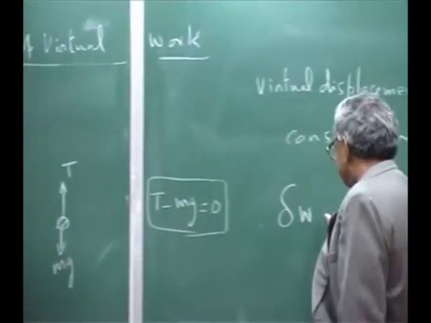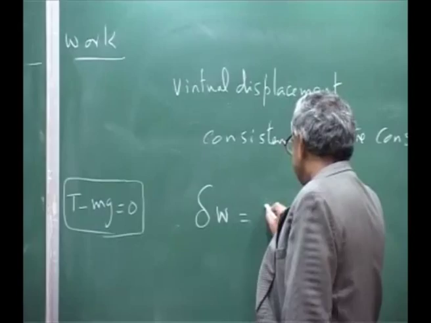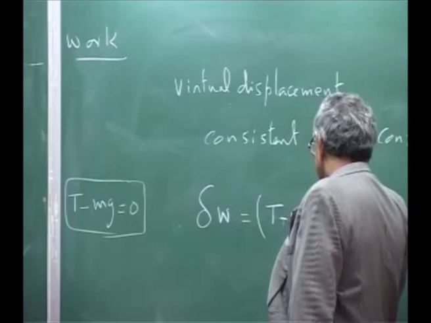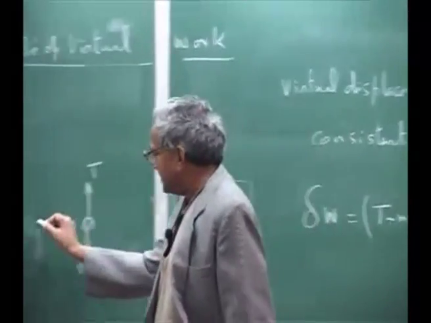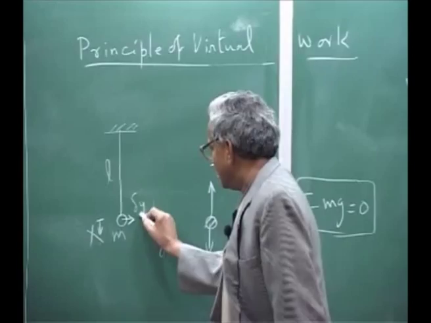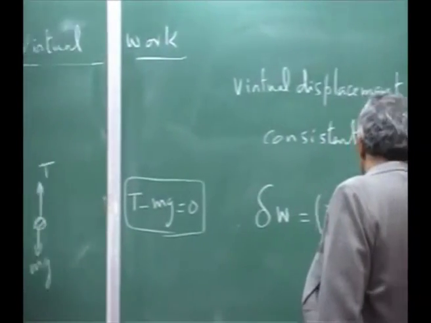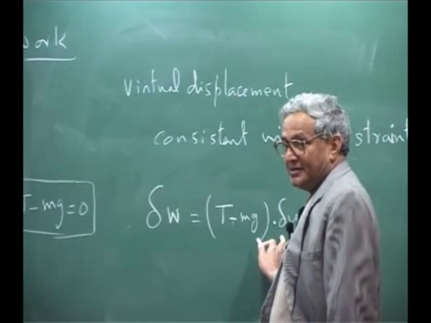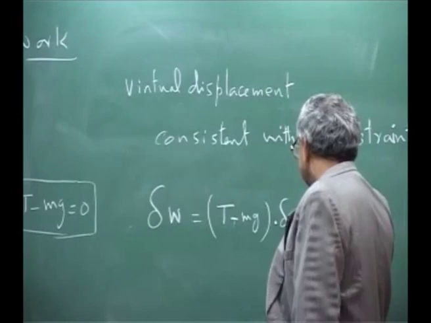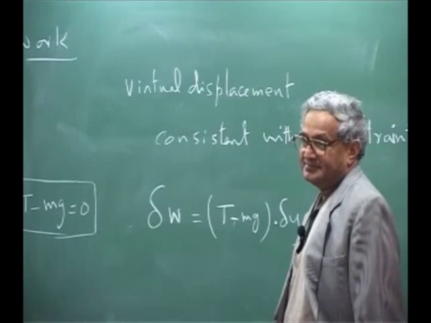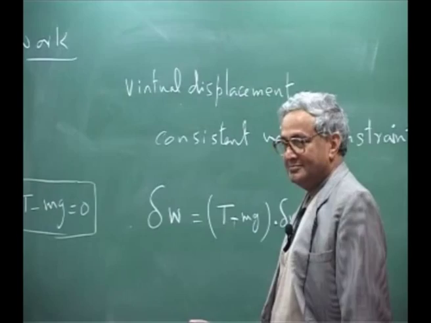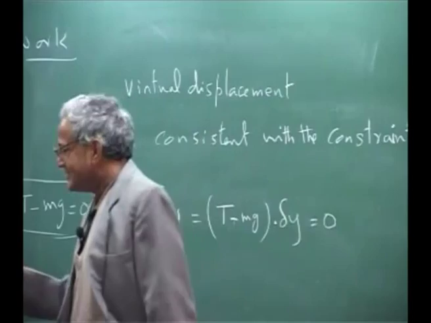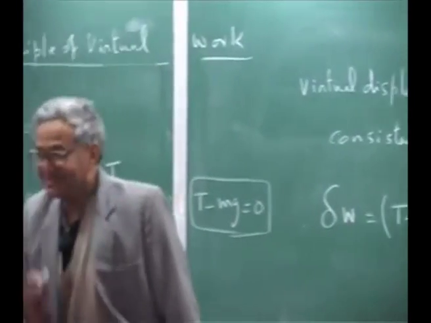Therefore, the work done is T minus mg into delta y, but this is at 90 degrees. Therefore, the dot product goes to 0. Very simple. If this goes to 0, then T is equal to mg. Then you may say it's a very obvious situation.